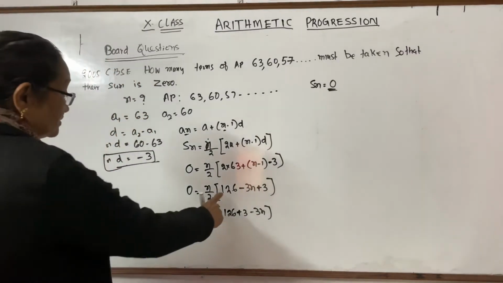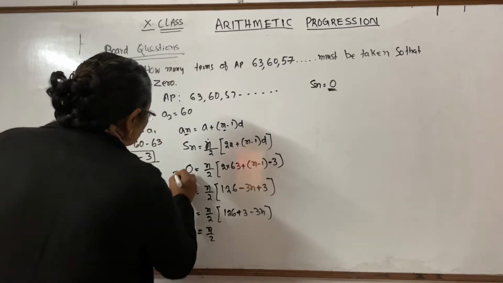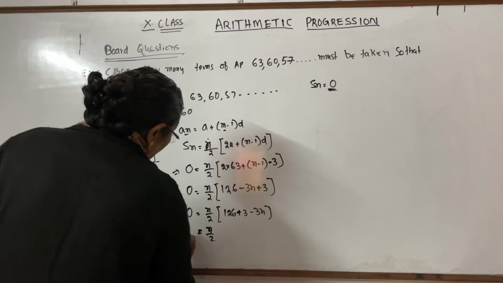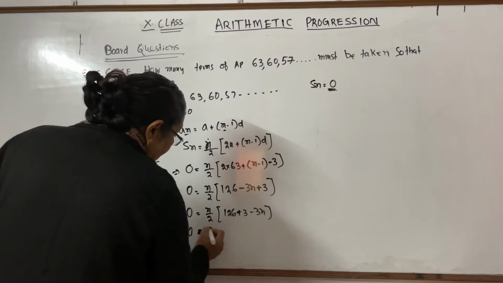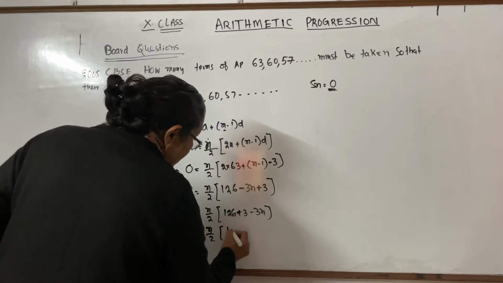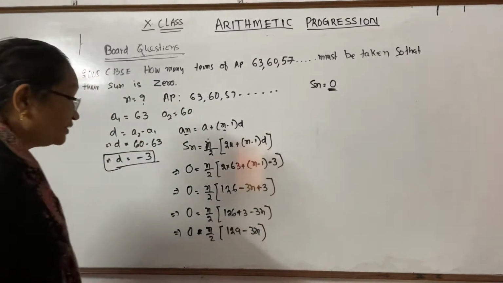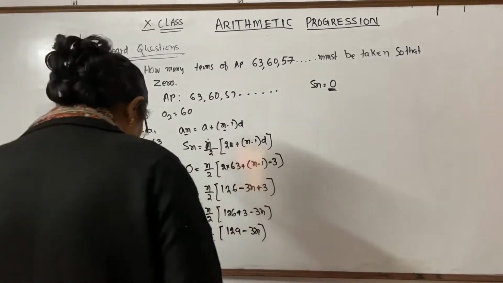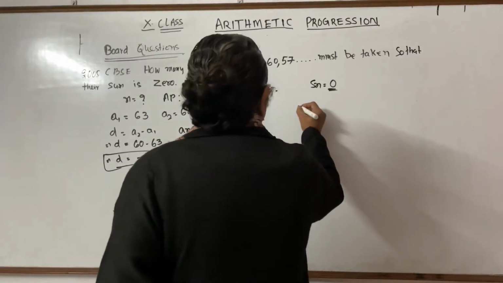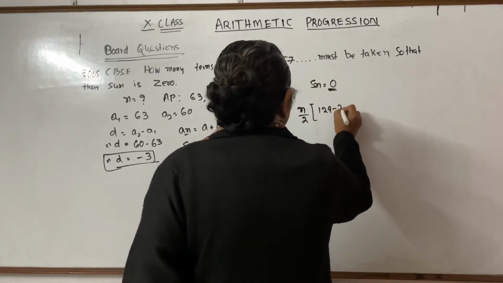Now these two terms we put together. 126 plus 3 is 129, so 0 equals n upon 2 into (129 minus 3n).